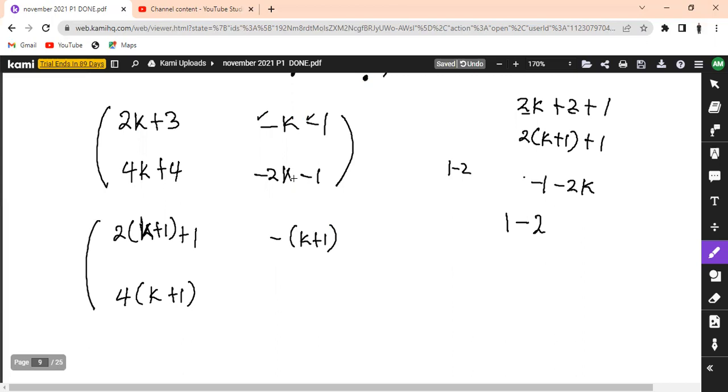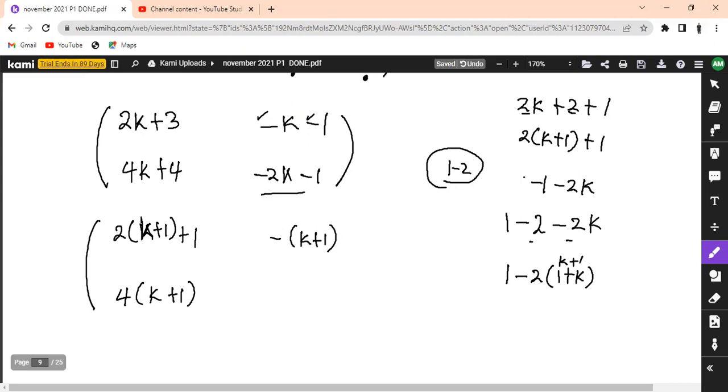It's actually same as minus 1 and minus 2k. We haven't changed anything, but we are just rewriting as what? As minus 1. And these two here, we can factor out what? Minus 2 because it's common. So if I factor out minus 2 here, I'm going to remain with 1 plus k like this. And 1 plus k is same as what? Is same as k plus 1.